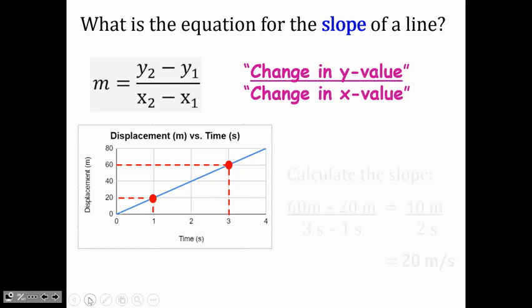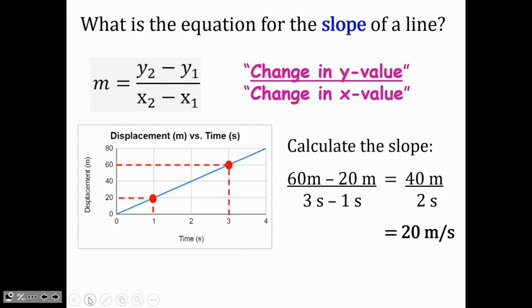I can use these 2 points to calculate my slope by taking the 2 y values and subtracting them, and divide that by the 2 x values subtracted from each other. Now this gives me an overall slope of 20, but 20 what? Well, that's why it's important to plug in your units as well. The units for the y values are meters because displacement is on the y-axis, and the units for the x-axis are seconds because time is on the x-axis.